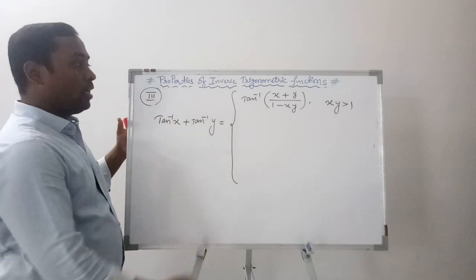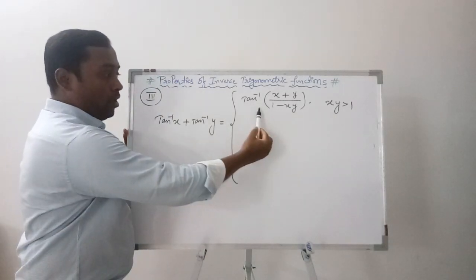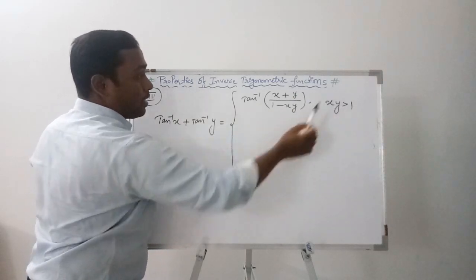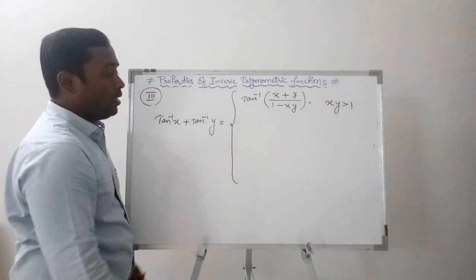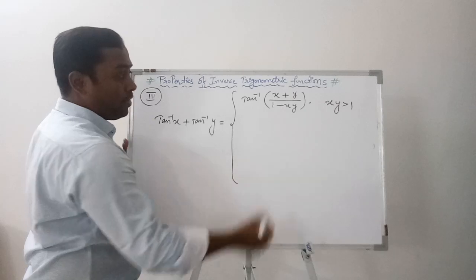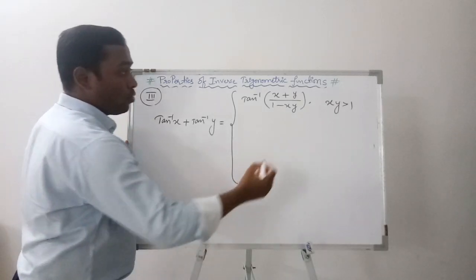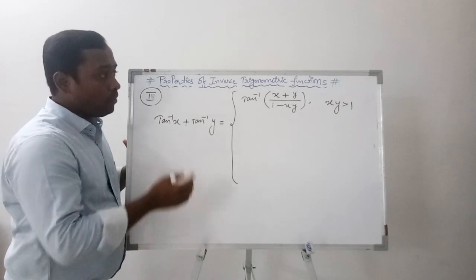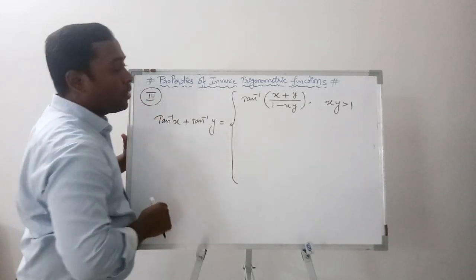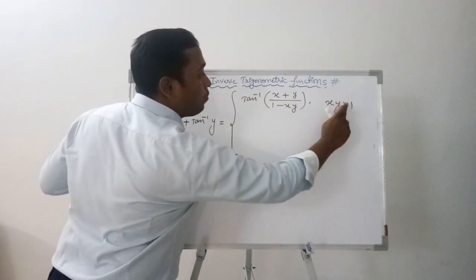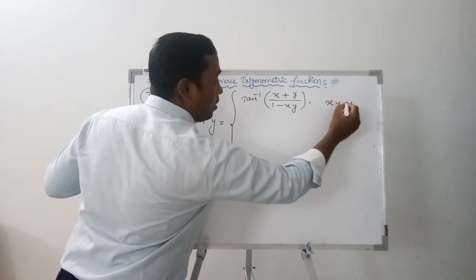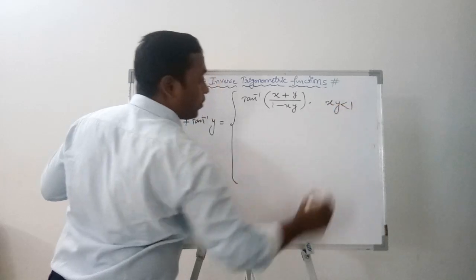I repeat, this formula only works where the product of the given two values is less than 1. That's it. And what if xy is greater than 1? So the product is greater than 1 means either... here, sorry, one mistake. Now see, the product must be less than 1 here.